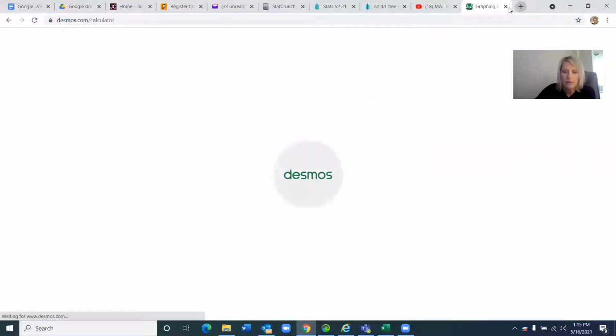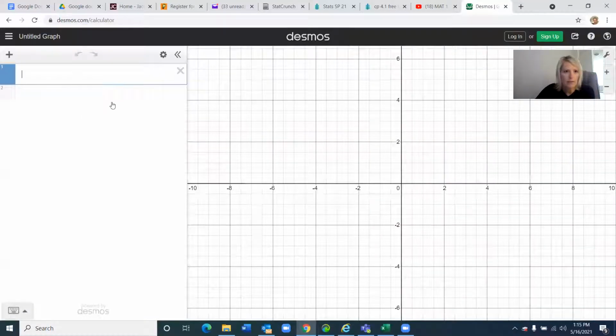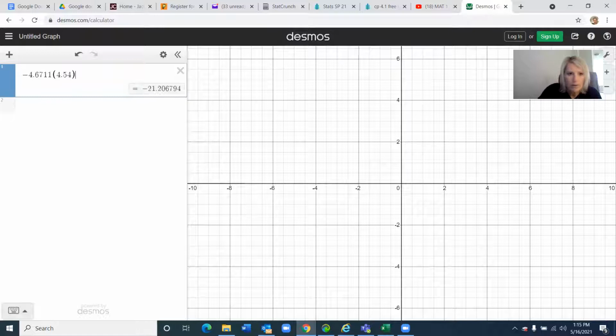I like Desmos because it's very handy to use. So I can say negative 4.6711 parentheses 4.54 parentheses plus 81.51. Don't forget you have to add on that y-intercept. So the whole equation says that the life expectancy would be approximately 60.303 years.